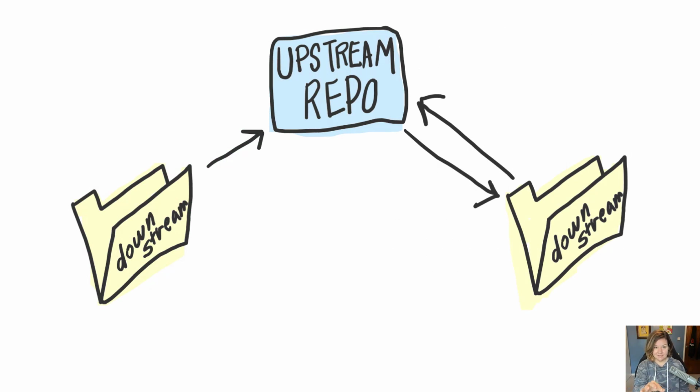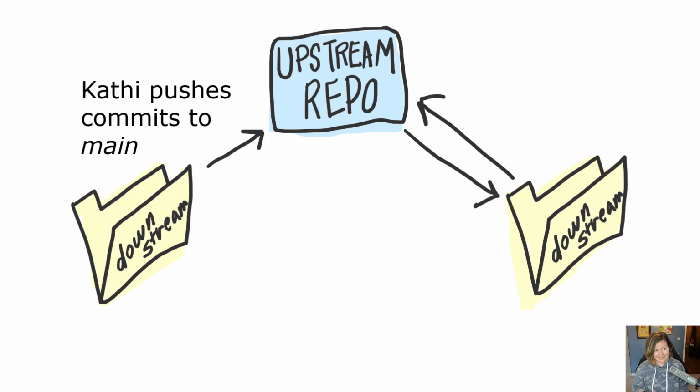As we've talked about, Git is a distributed workflow. So let's say my colleague Kathy is working in her local copy of this. And let's say that we decided, yeah, we'll learn branching and merging later. When you first create a GitHub repo, it has a default branch. That default branch is named main.